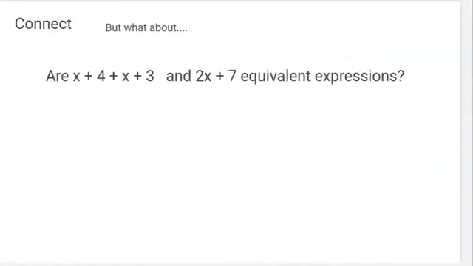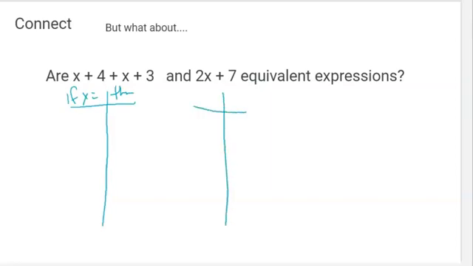So what about this? This was the second thing I asked you to do in "What should you be forgetting today?" We don't really have any tactics for this other than to check it. So if x equals 0, then this is 0 plus 4 plus 0 plus 3, 7.